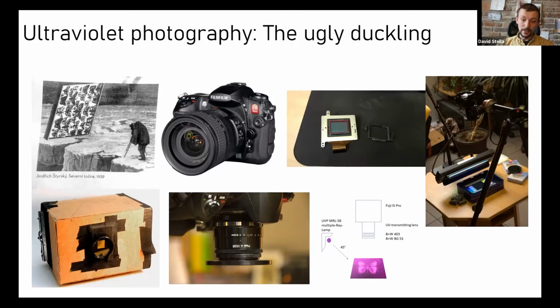And finally, there is an artificial source of UV light, because it's not enough to get the amount of UV light from the sun. It should also be expressed that we are using mainly museum specimens. We are not dealing with live butterflies.